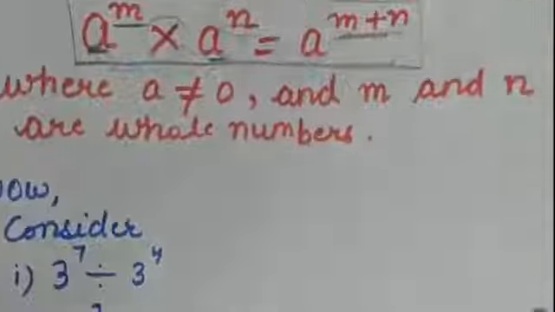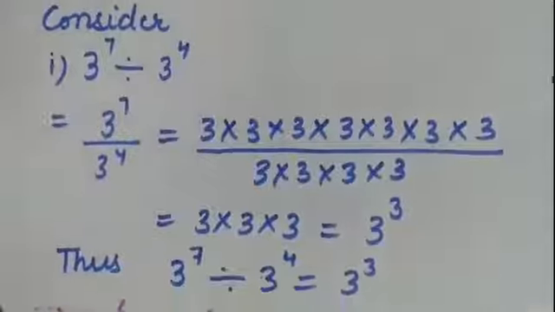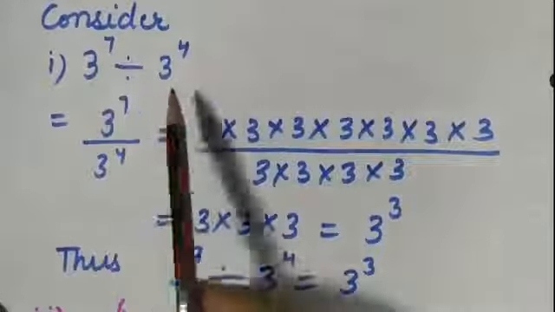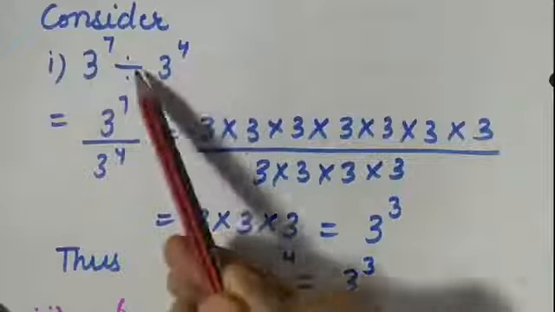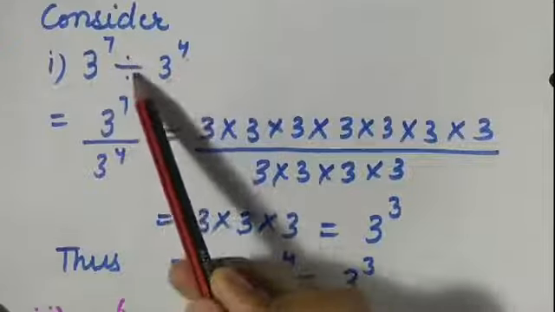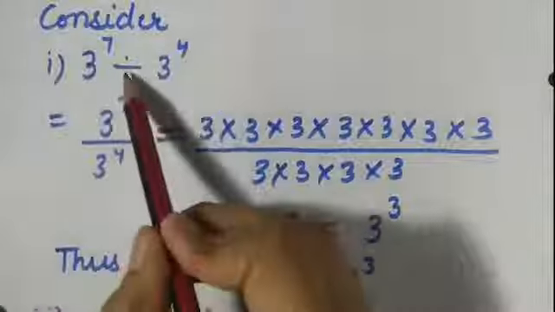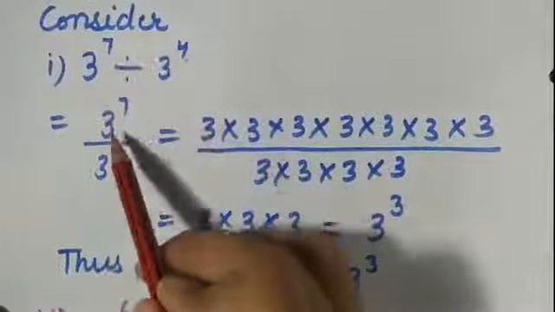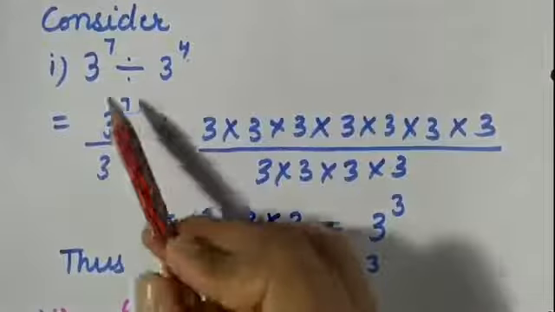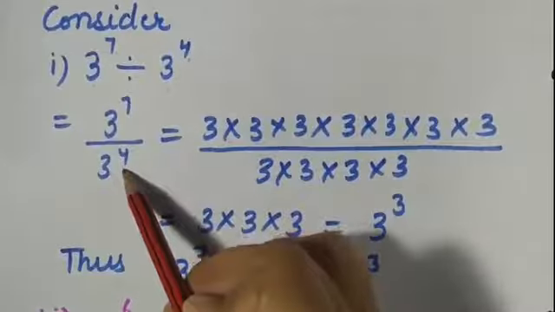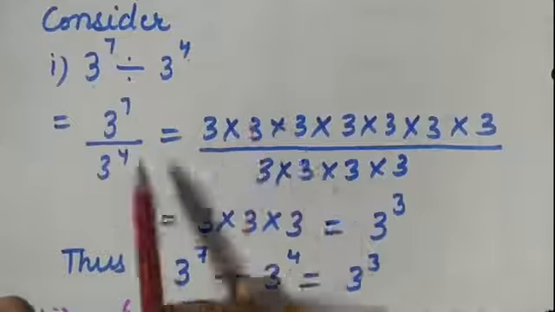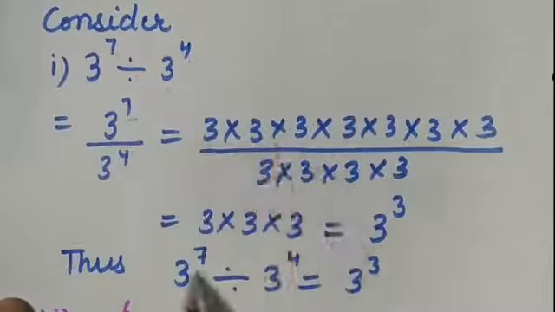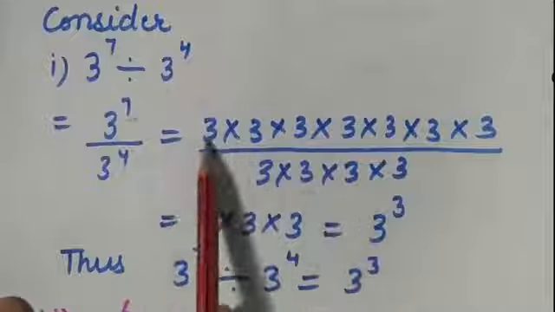For that, consider some examples. 3 raised to the power 7 divided by 3 raised to the power 4. We are now doing the division of powers. This can be written as 3 raised to the power 7 divided by 3 raised to the power 4. 3 raised to the power 7 means 3 is being multiplied 7 times, so I have expanded this.